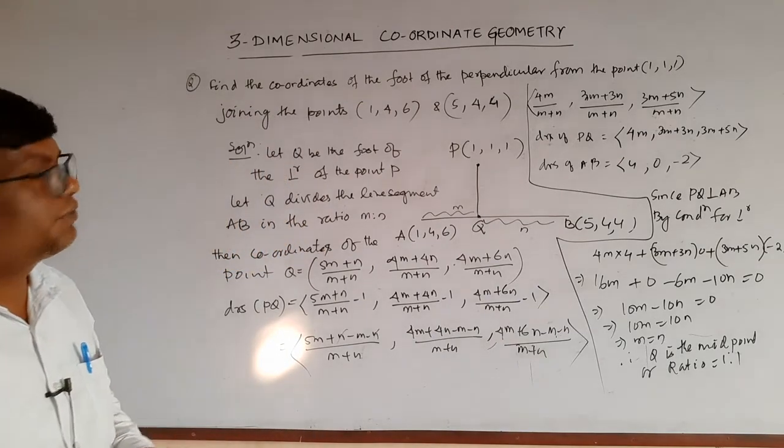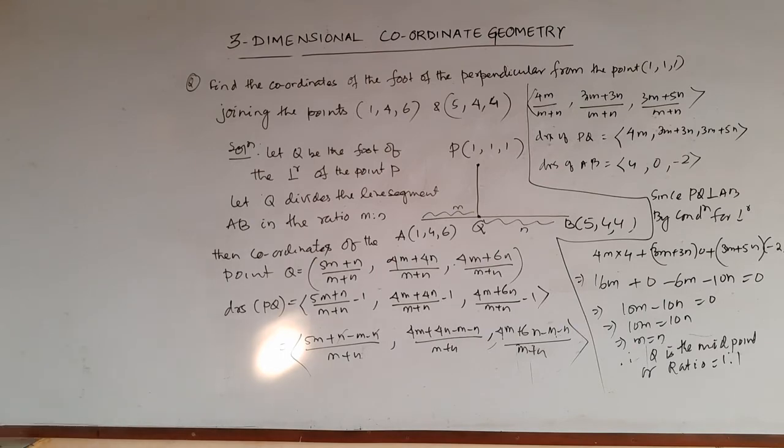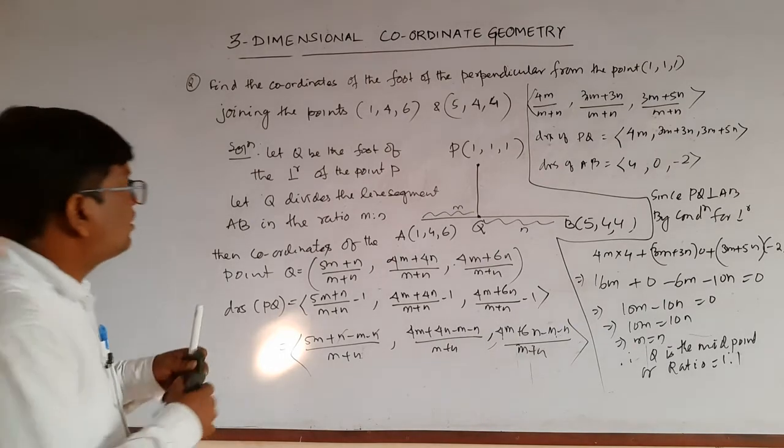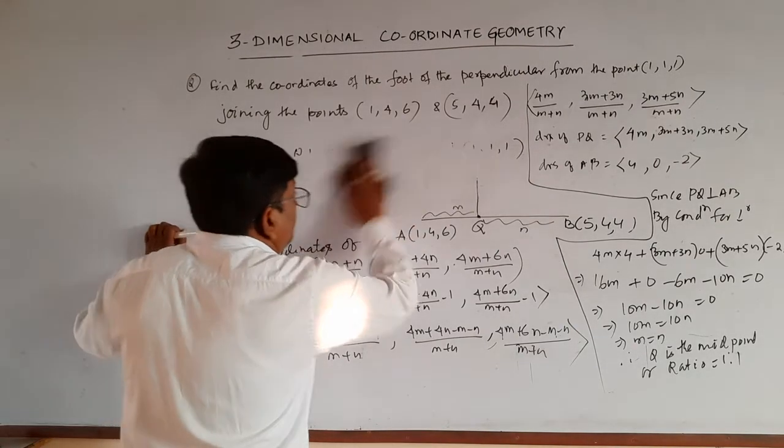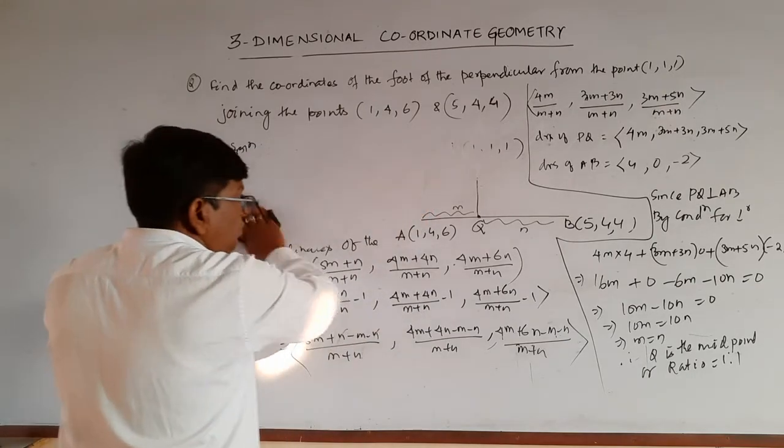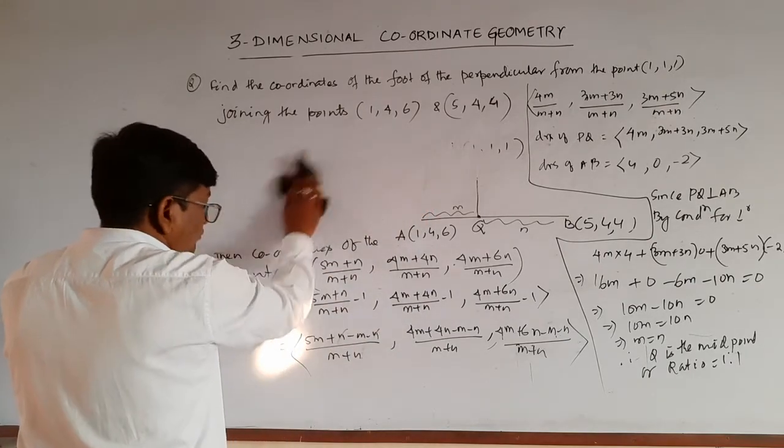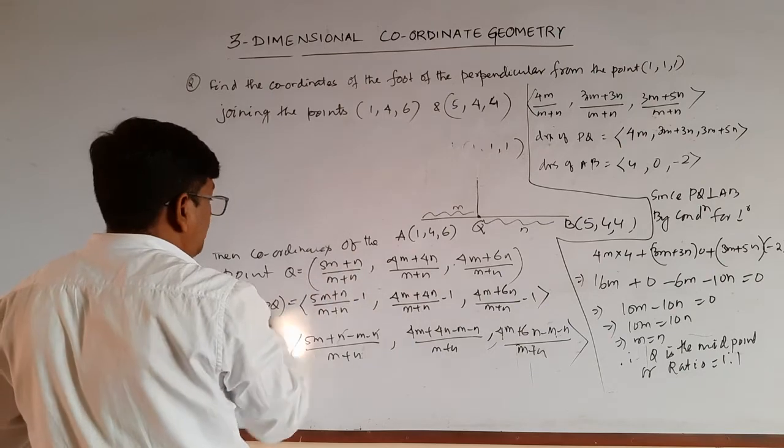Now the coordinates of Q. Put m equal to 1, n equal to 1.